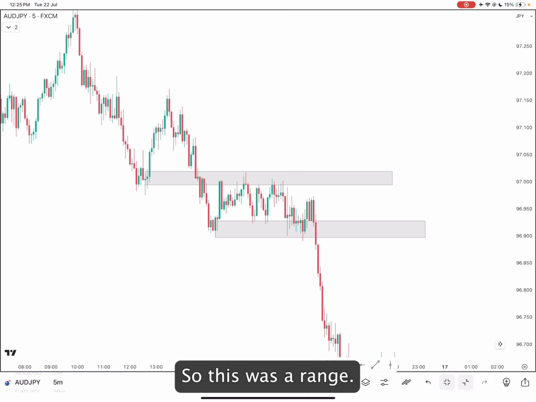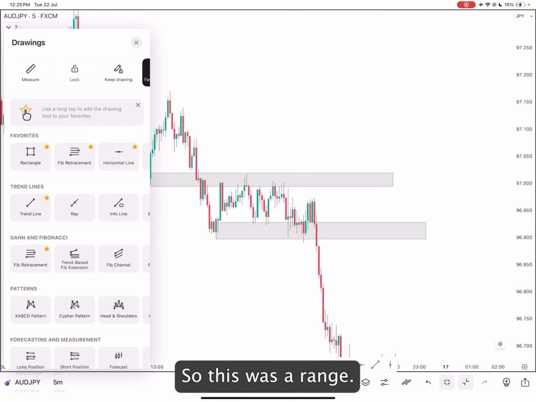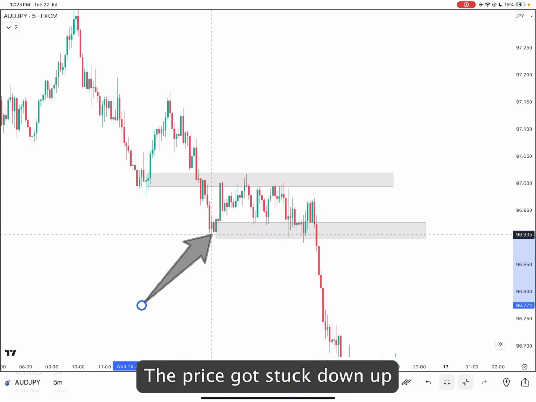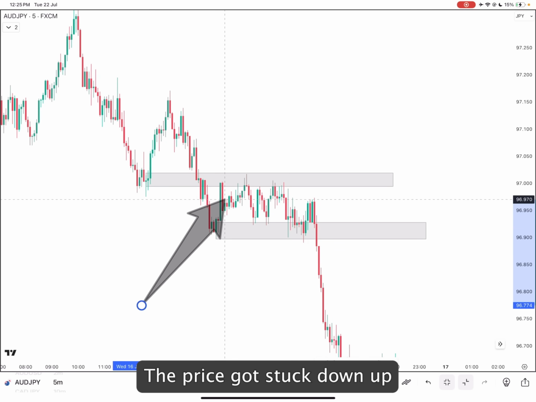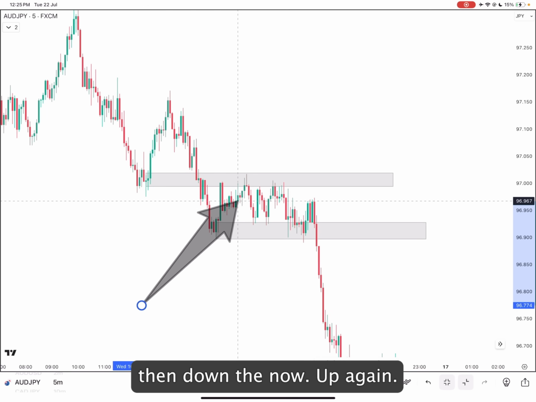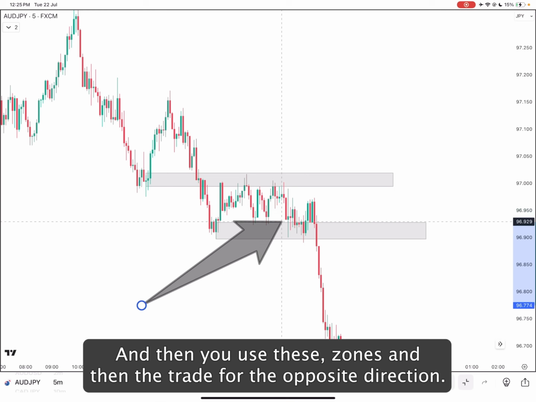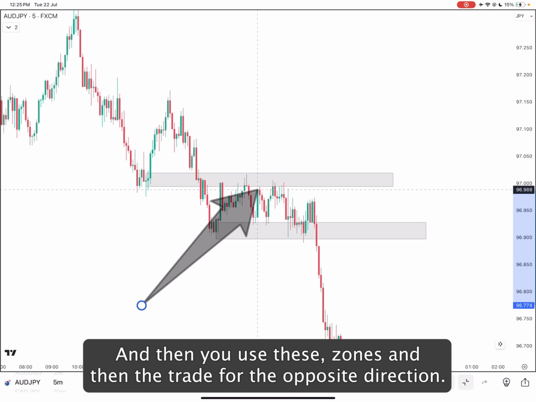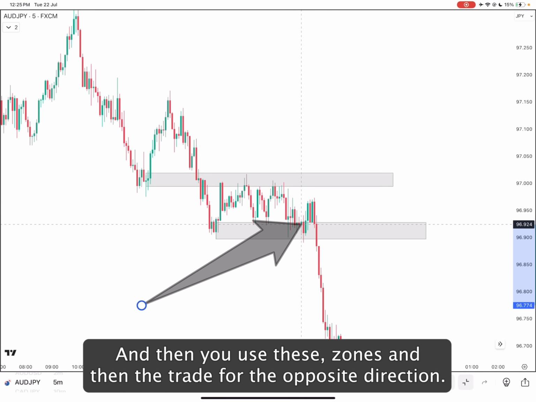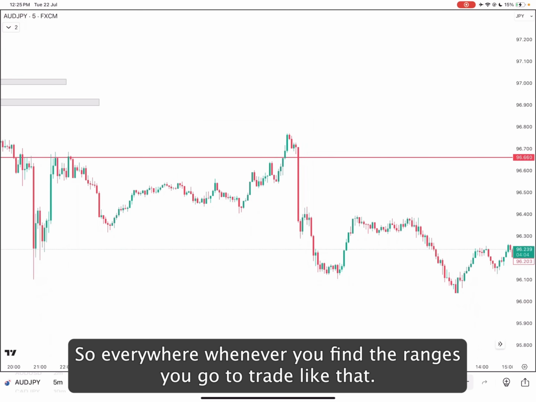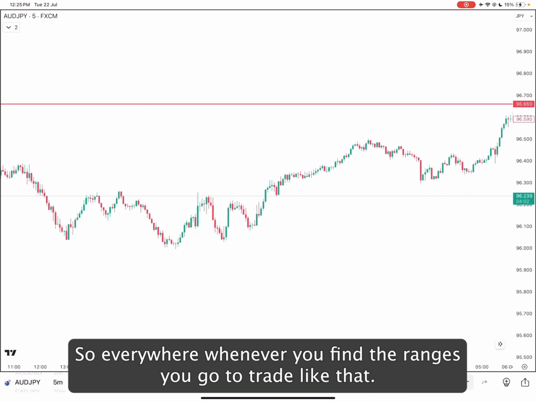Okay, so this was a range, and then the price got stuck. Down, up, then down, then up again, down, up. So you use these zones and then trade in the opposite direction. That's what you got to do. So everywhere, wherever you find the ranges, you got to trade like that.